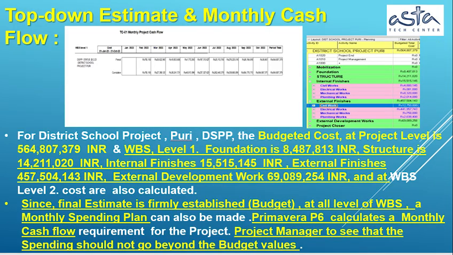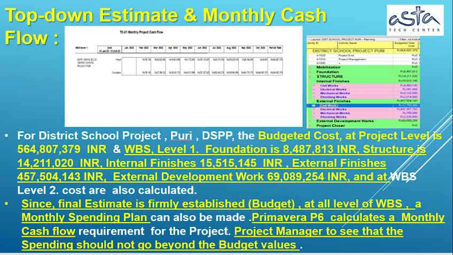Top-down estimate and monthly cash flow. For the district school project, PURI, DSPP, the budgeted cost at project level is 564,807,379 INR.